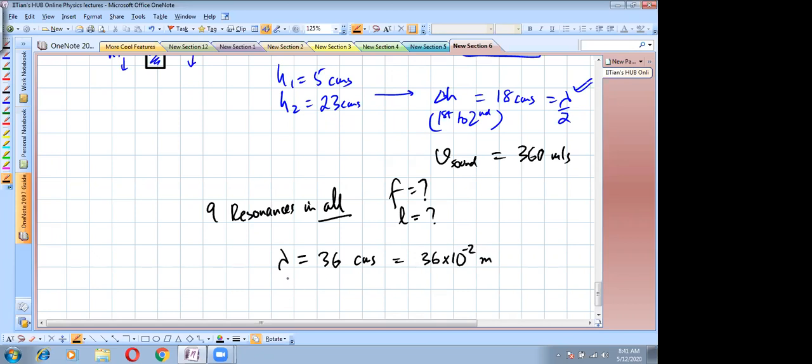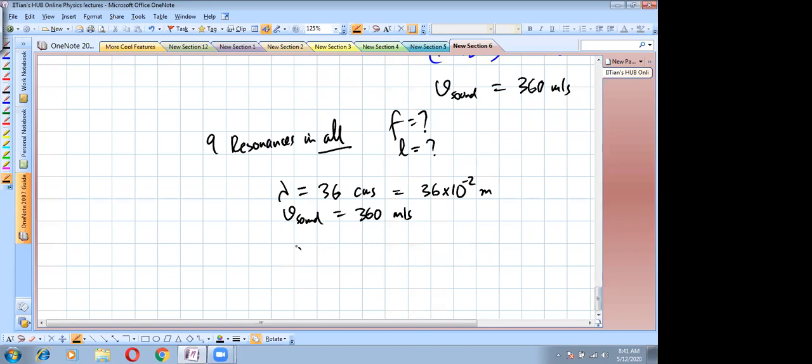And your speed of sound I've asked you to take as 360 meters per second. So frequency becomes 360 divided by lambda, which is 1000 hertz. 1 kilohertz. That is the frequency.